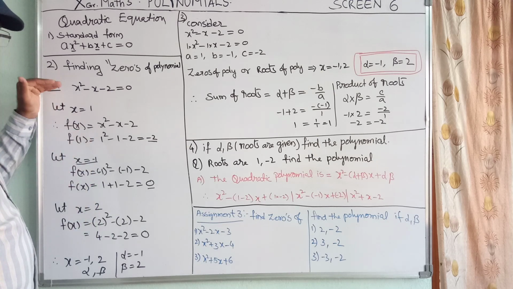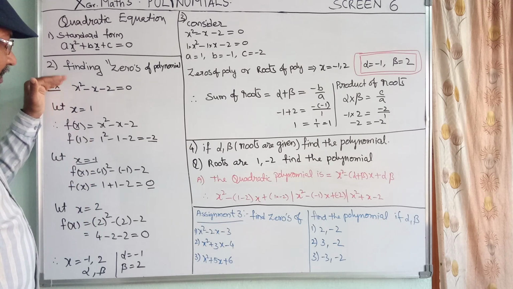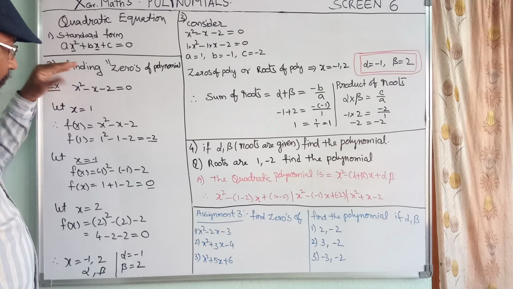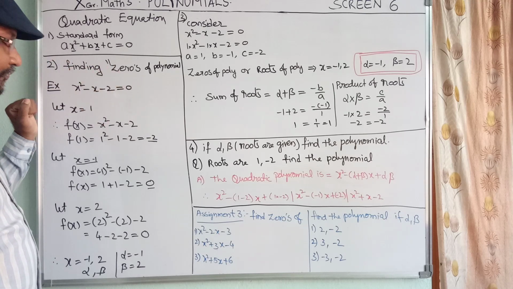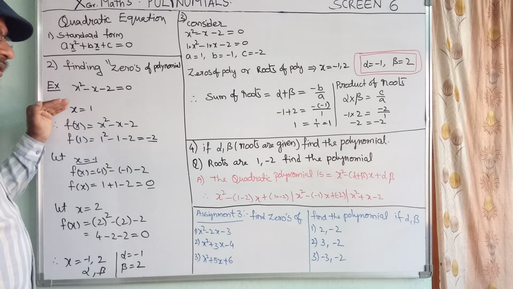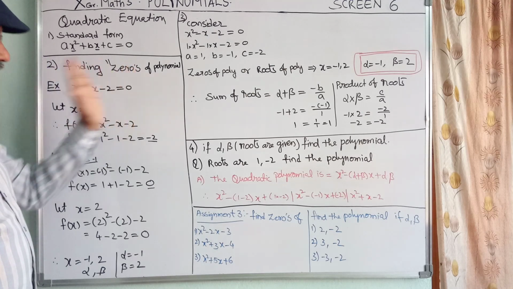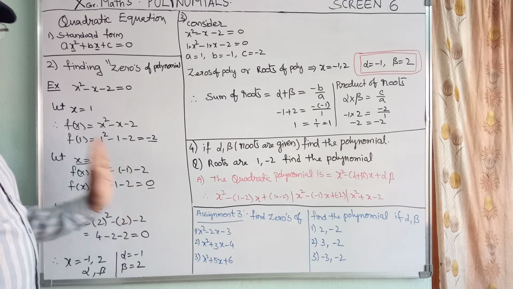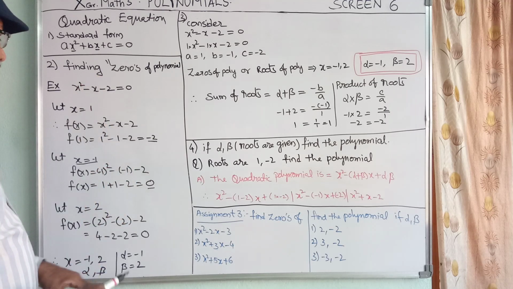If you substitute those two values, the polynomial will be 0. So we have to find the two numbers that make the polynomial 0.